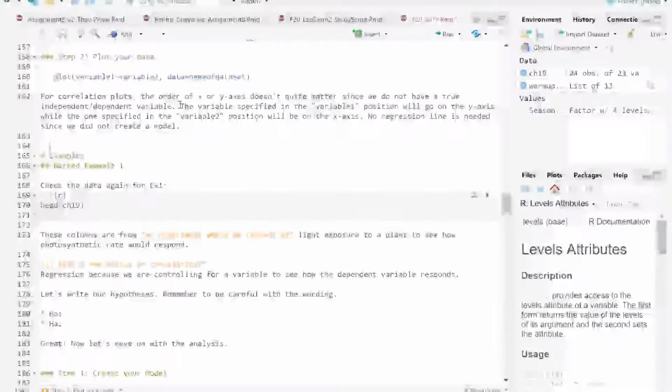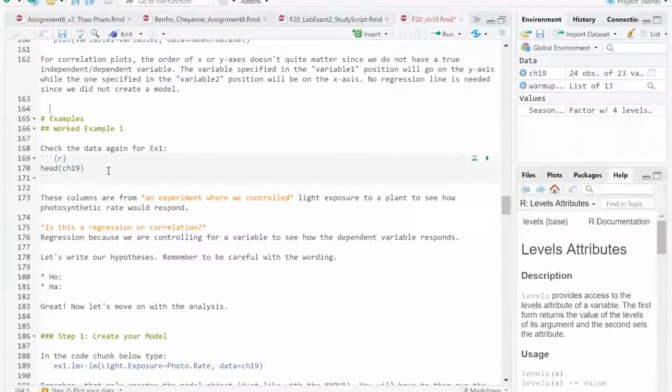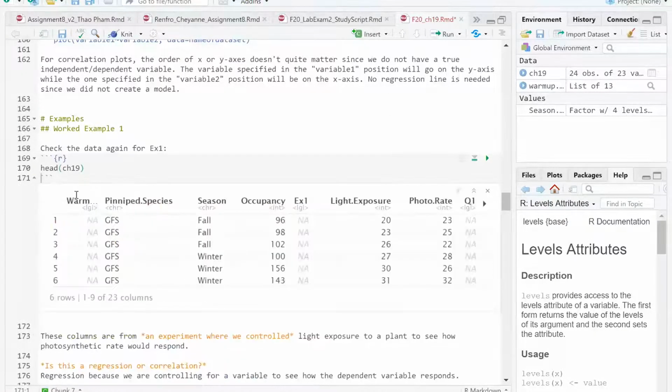Okay, so let's try some of those. I think it will be a little clearer that way. Let's check out the data. We had our warm up, and now we're doing example 1. We have light exposure and photo rate. These are the two that we're looking at right now.